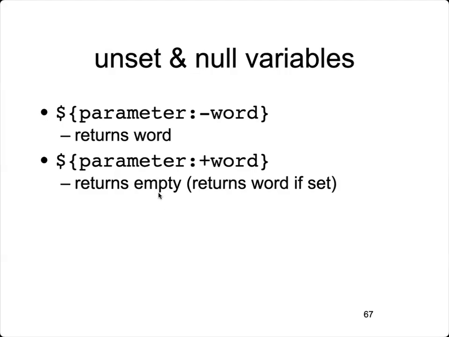This one returns word if it's set. I haven't found a use case for this yet. Somebody told me one, and I wrote it down, and I tried to read it. I couldn't understand it. They seemed pretty convinced there was a legit use case for returning something else when it's set.